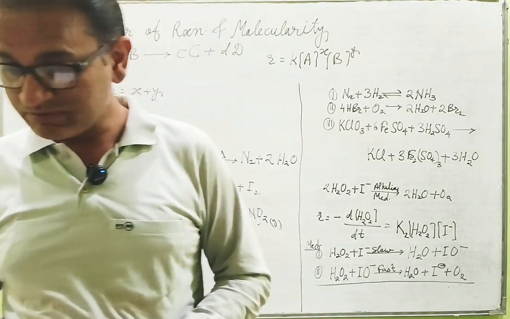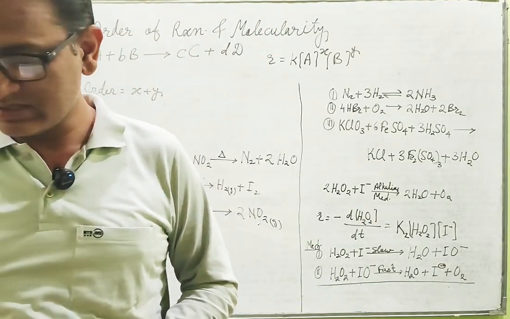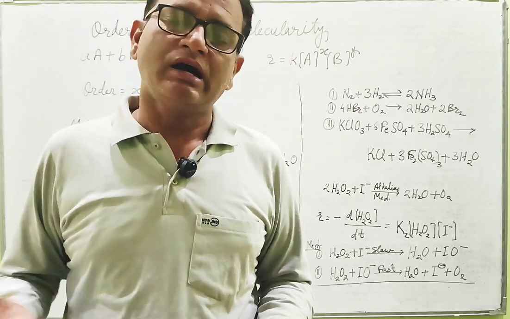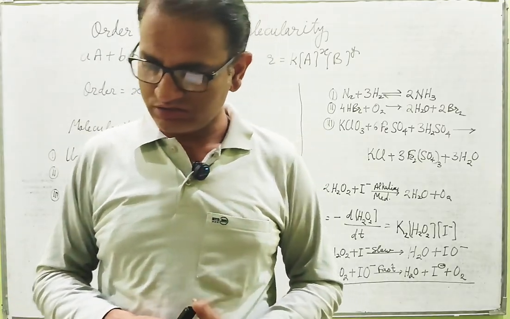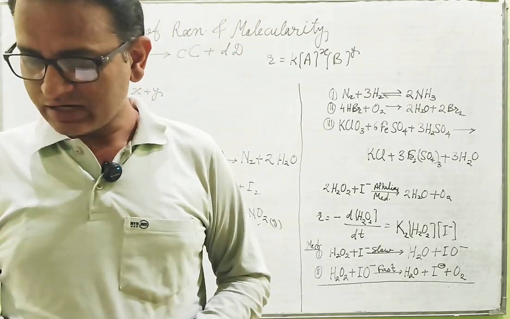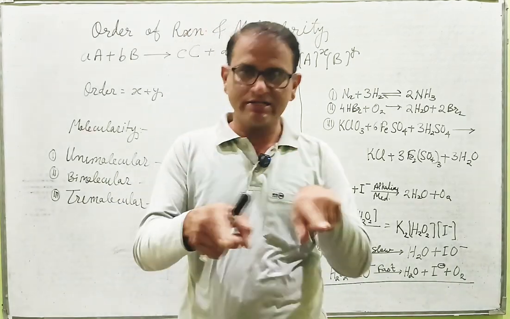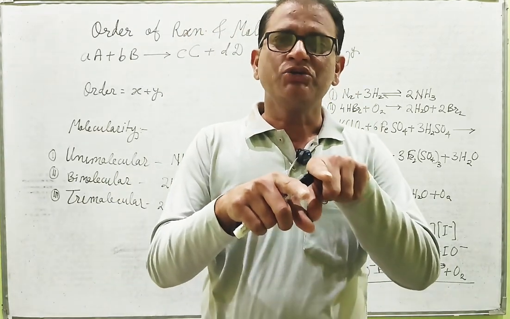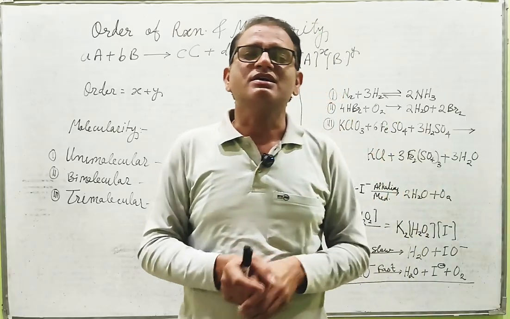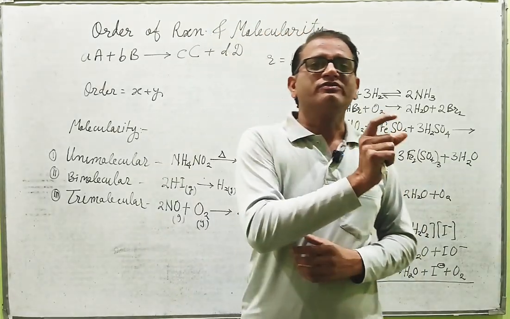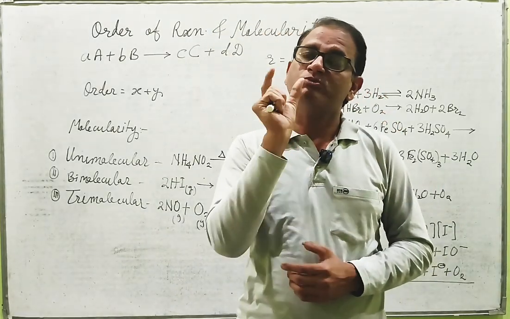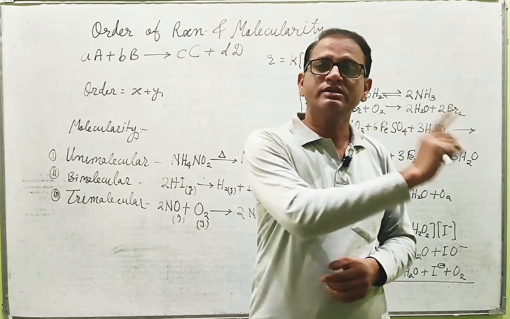The number of reacting species, which may be ions, atoms, or of course molecules, taking part in an elementary step, which must collide simultaneously to convert into product, is called the molecularity of that step or of that elementary reaction.